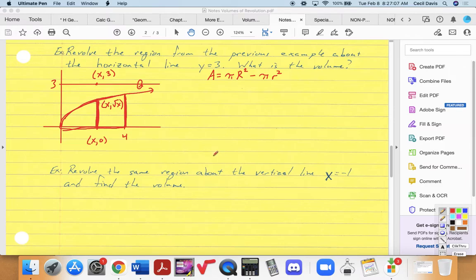Would big R be with 0? The big R would be, yes, it's going to be 3 minus 0. Little r will be the distance from here to this point, which is going to be what? 3 minus the square root. Yes, 3 minus the square root of x.